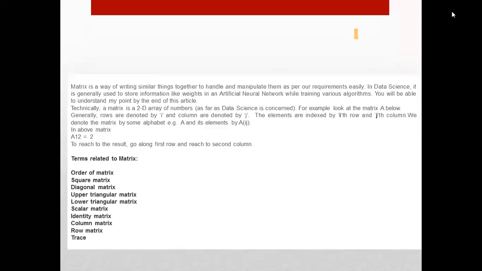Sometimes it is used to represent a vector. Then we have the row matrix, a matrix consisting of only one row. Then we have the trace. It is the sum of all the diagonal elements of a square matrix. So the trace is a single number. So these are the terms related to the matrix.